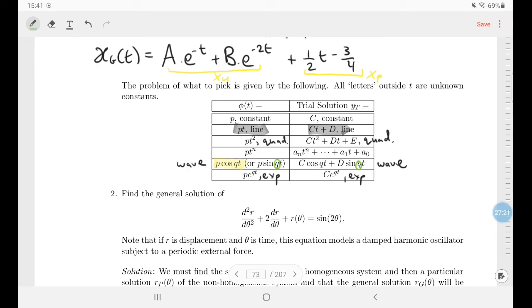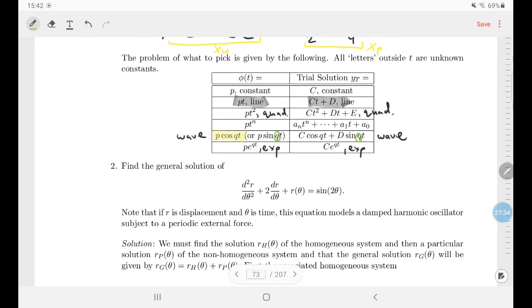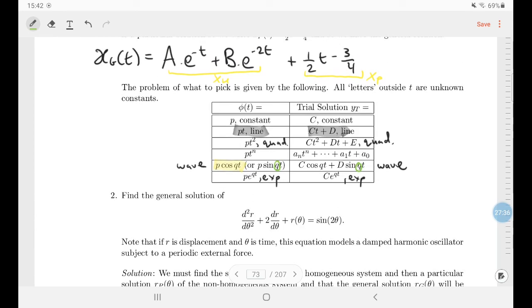The spring is eventually going to go with the same frequency. That's why the Q's should be the same here. And the exponential is maybe harder to explain, but the Q's are the same. Okay, so now we kind of know the theory. I think we'll leave some of these examples to the next lecture.